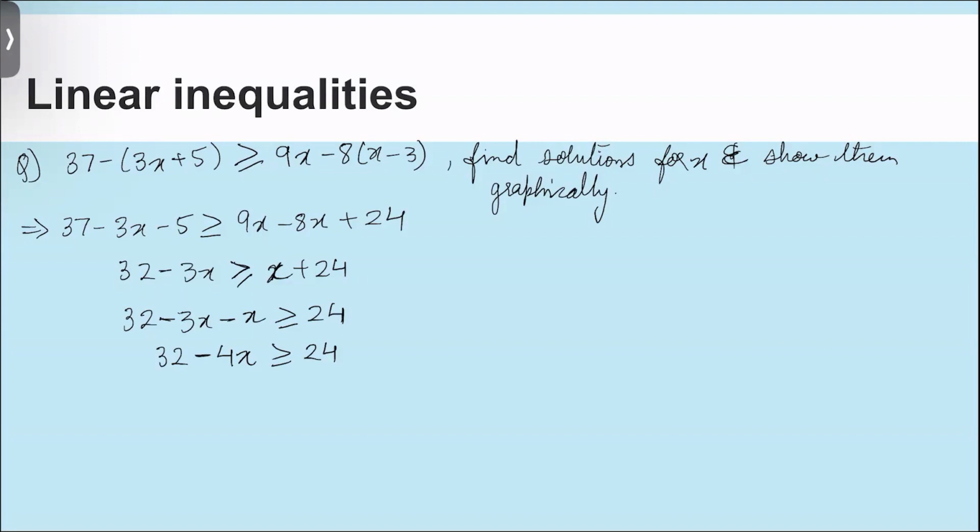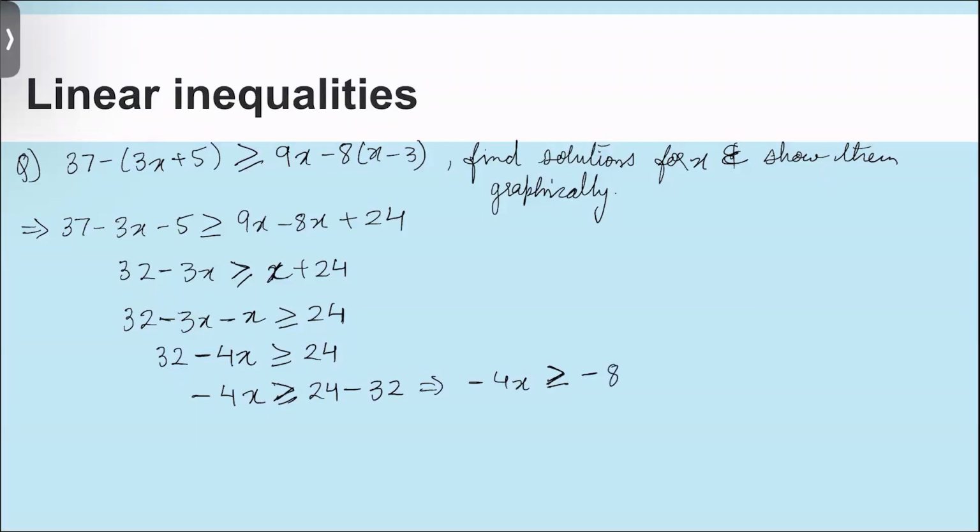So now you can subtract 32 from both sides. So what you get is minus 4x is greater than or equal to 24 minus 32. Okay, so that will give you minus 4x greater than or equal to minus 8.